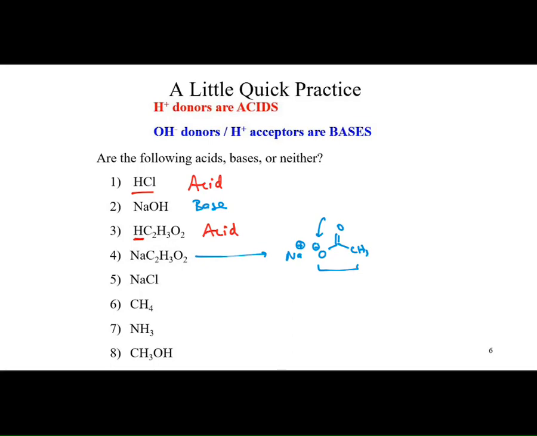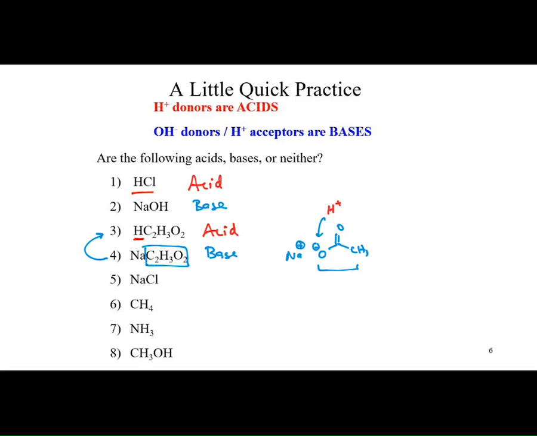What could be attracted to that negative charge? Well, a positive hydrogen. If a positive hydrogen came in and interacted with that species, it would now be a base. And what would it have formed? It would have formed the conjugate acid in 3. So yep, that one is a base.